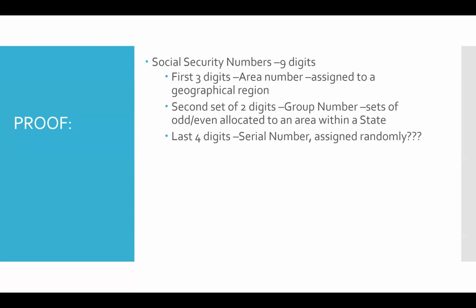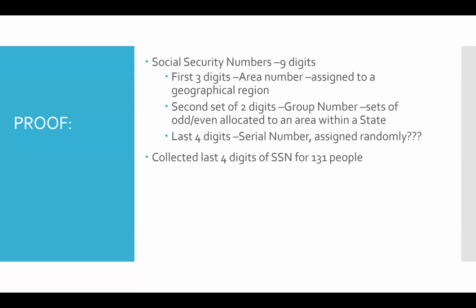That's the middle 2 numbers. And then the last 4 digits of your social security number is called the serial number, and they are supposed to be assigned randomly. Okay? And so we're going to look at those last 4 digits and think about, are they really truly assigned randomly?